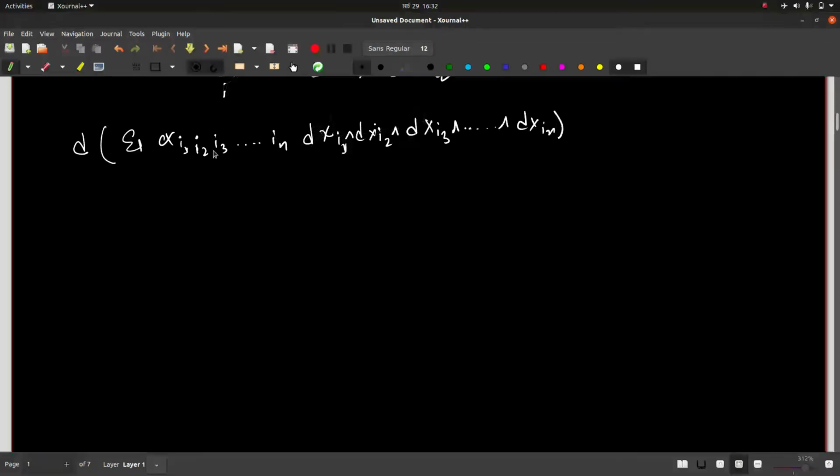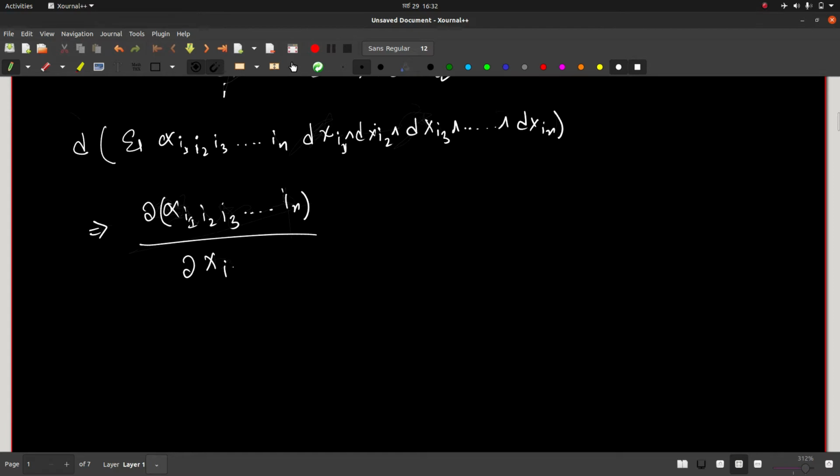Once you apply this exterior derivative onto this thing, what it does is that it will take the partial derivatives of the zeroth form. That means the coefficient with I1, I2, I3, up to I of n, partial derivative of x i j, like this.